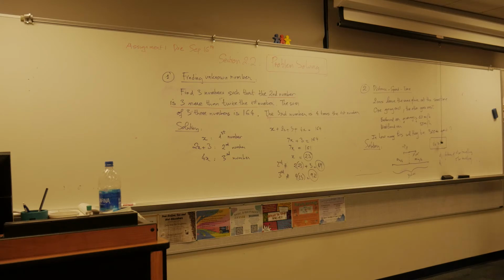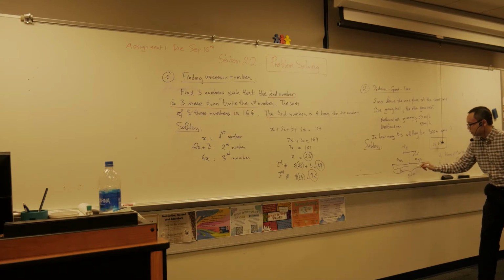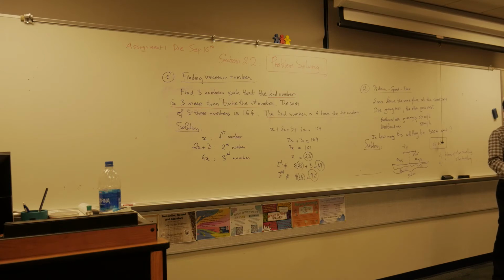So from here to here is D2, and from here to here is D1. And we know that D1 plus D2 is 300, right? So D1 plus D2 equals 300.